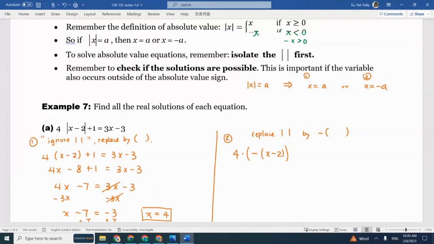We need multiplication. Plus 1 equals 3x minus 3. All right, let's see. 4 times negative 1 is negative 4. When you distribute, we get what?